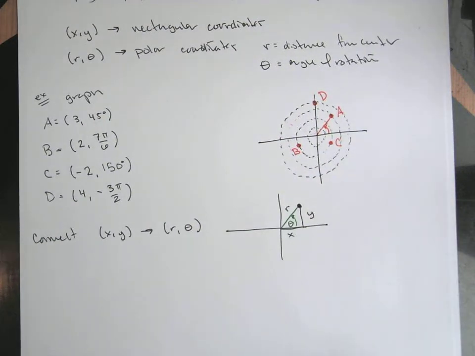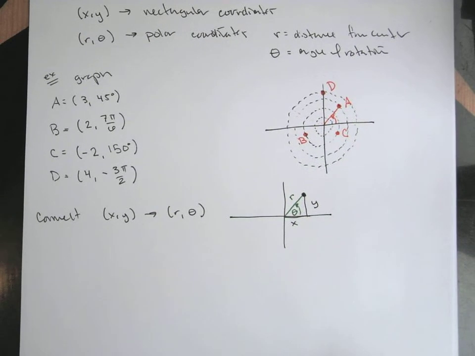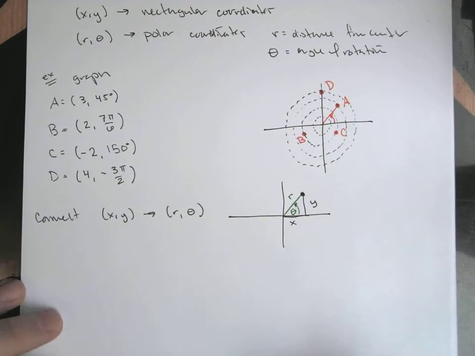I've essentially just recreated my right triangle picture from 5.3, or whichever section it was. I think it was 5.3. So all those relationships are still going to hold up.